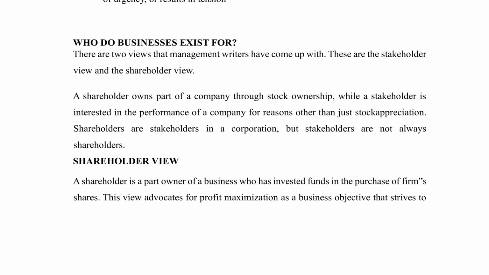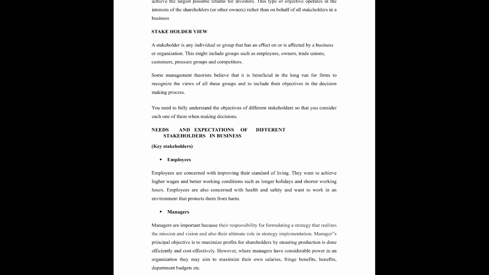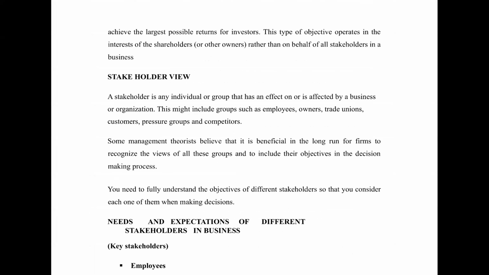Now, this view advocates for profit maximization as a business objective that strives to achieve the largest possible returns for investors. So with this view, the business exists for what? It exists for shareholders. It is there for profit maximization. The business has to maximize the profit. Is that clear? That is according to this view.